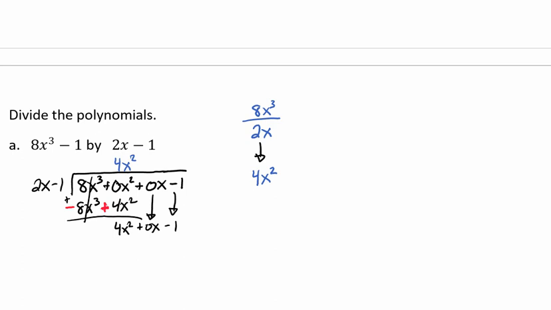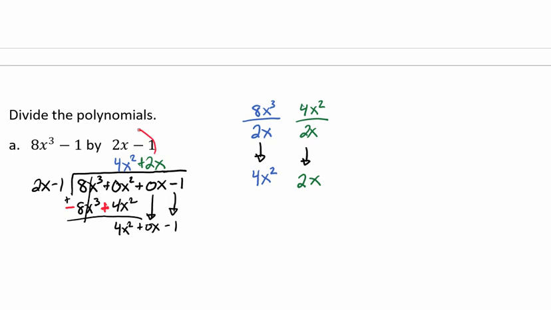And so now we're going to take our new leader, which is the 4x squared, and we're going to divide that by our lead term, which was the 2x. So again, there's our 2x. When we do that, 4 divided by 2 is 2, and x squared divided by x is x. So we'll put a positive 2x on top of that term.